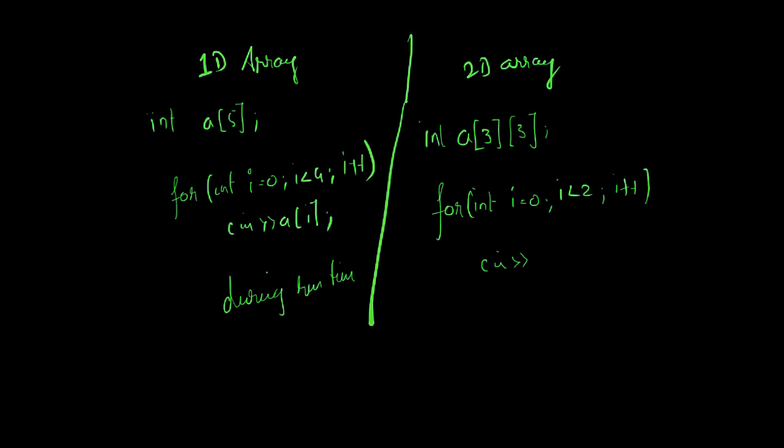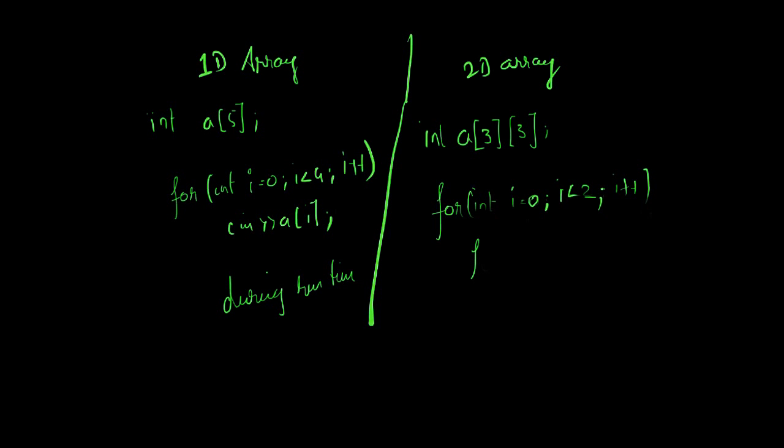So int I is equal to 0, I less than 2, I plus plus, cin a of I and j. For this j, I have to write another for loop: int j is equal to 0, j less than 2, and j plus plus. Wait, let me erase this and write it a little more clearly. Fine, this is 0, I less than 2, semicolon, semicolon.